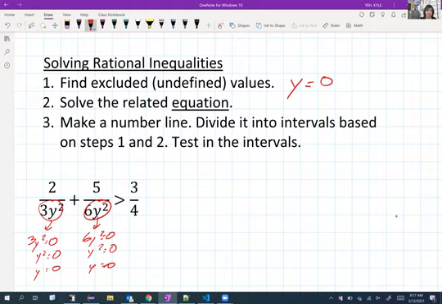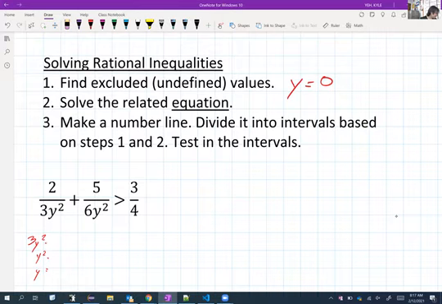If we plug 0 in, it would make both of those denominators equal 0, which would be bad. And we're looking for that greater than 3/4. 4 is never going to equal 0, so I think we're off the hook there. The only undefined value that we really have is y equals 0. Step 1 complete. Just set all the denominators equal to 0, solve for any values.